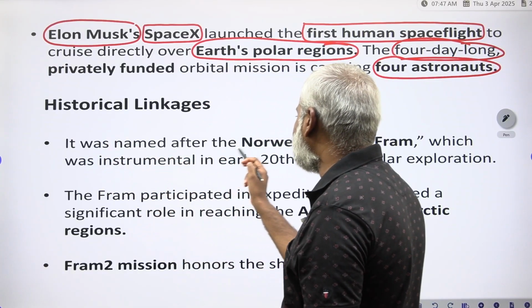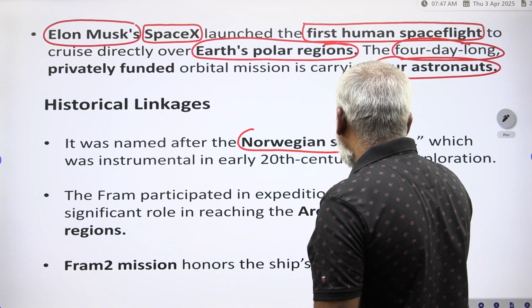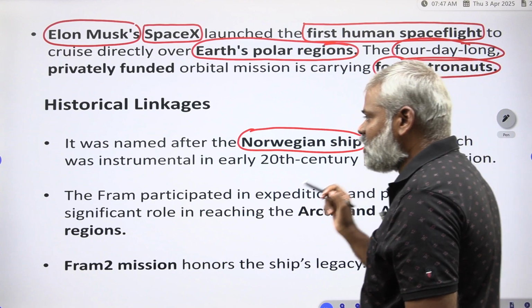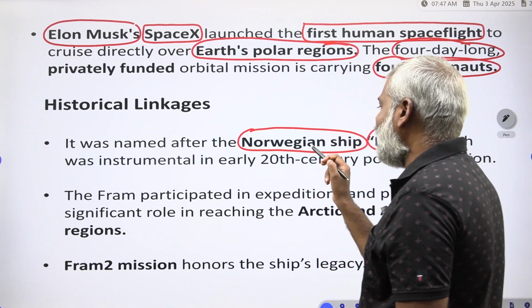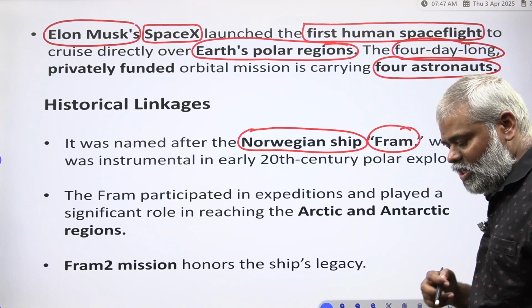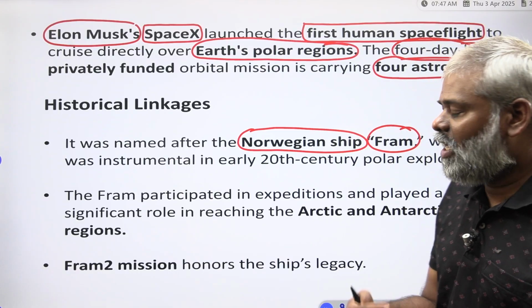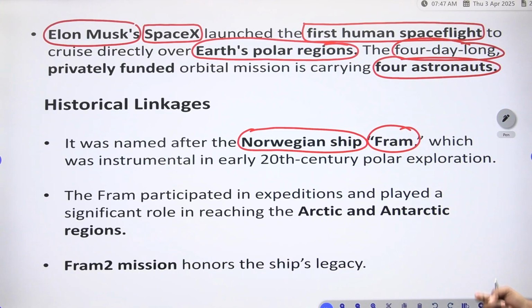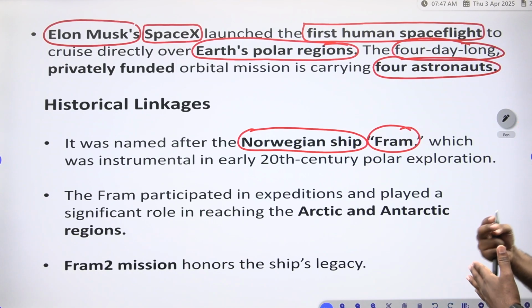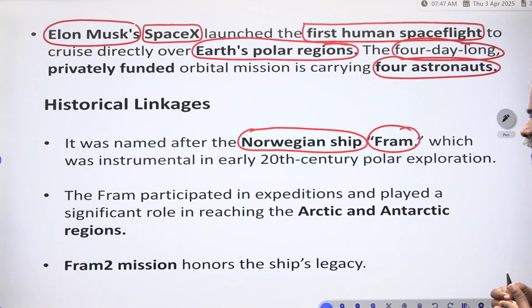It was named after the Norwegian ship, whose name is Fram, which was instrumental in early 20th century polar exploration. Early 20th century means the end of the 19th century.